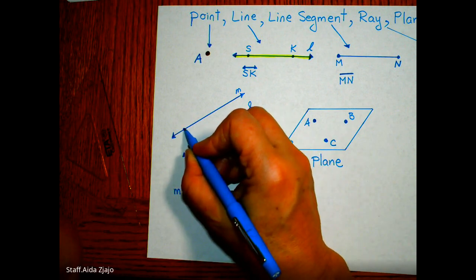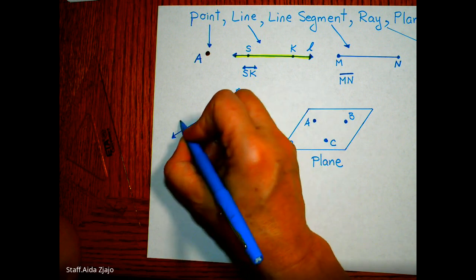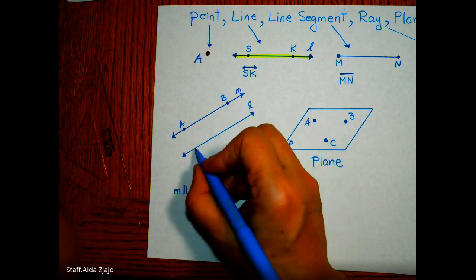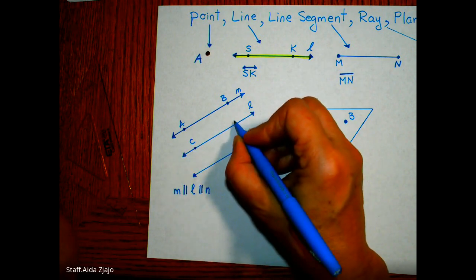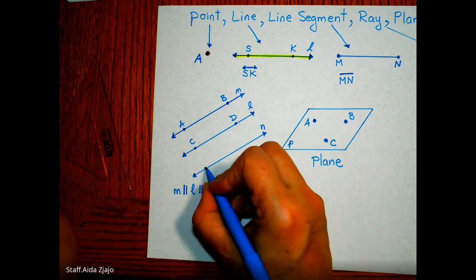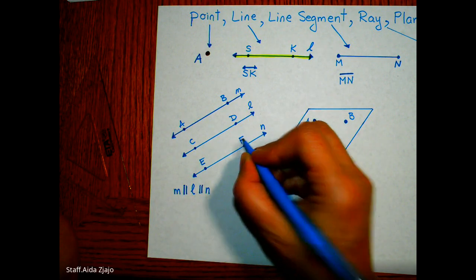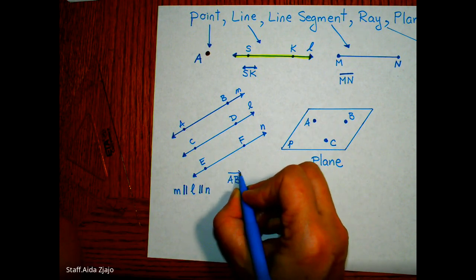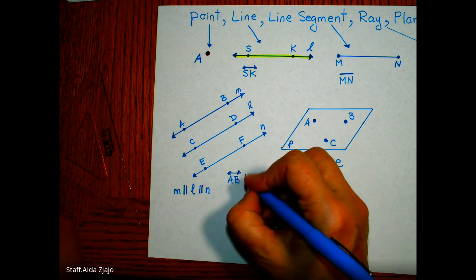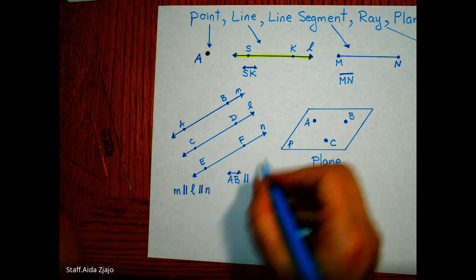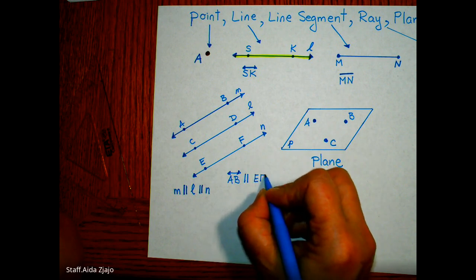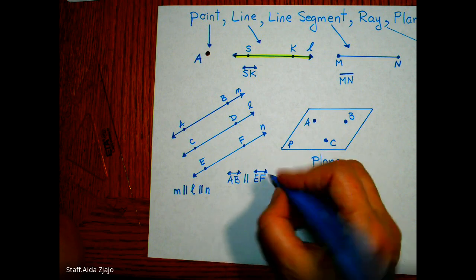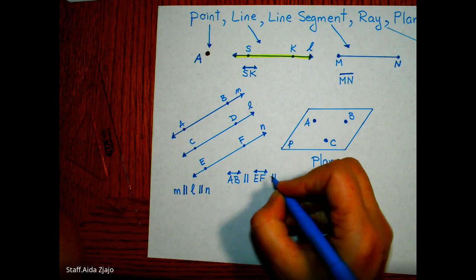So if we have points, we can label the lines like line AB, and then here is CD, and EF. Then we can say that line AB is parallel to line EF, and line EF is parallel to line CD.